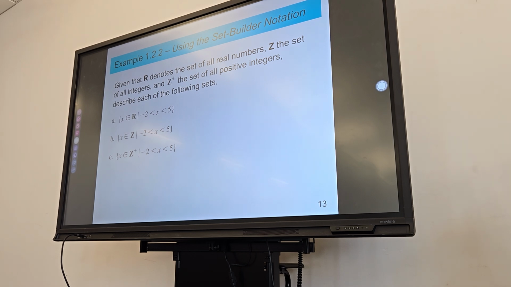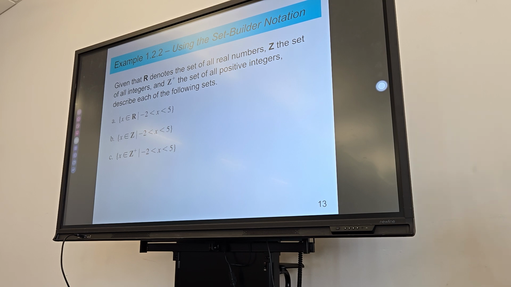Given that R denotes the set of all real numbers, Z is the set of all integers, and Z plus is the set of all positive integers, what would these sets be? Well, A would be all numbers between but not including -2 and 5.